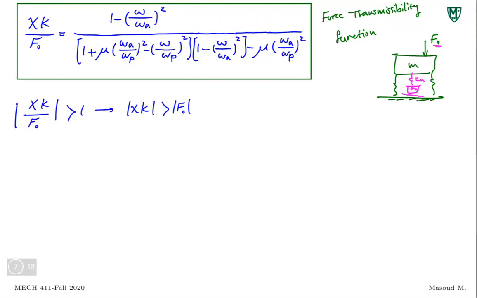Because this is telling me that the force tolerated or transmitted to the primary structure is more than the force applied to the primary structure, which is horrible because I'm trying to get rid of this force.